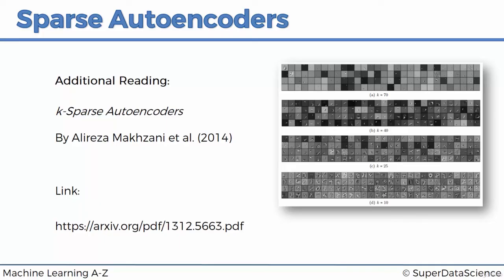And you've got some examples over here on the right. You might find this paper interesting if you want to learn more about sparse autoencoders. I would encourage you to learn a bit more, because it is a tool that is used all over the place and it's constantly mentioned. So you will definitely come across sparse autoencoders if you are going to be dealing with autoencoders.